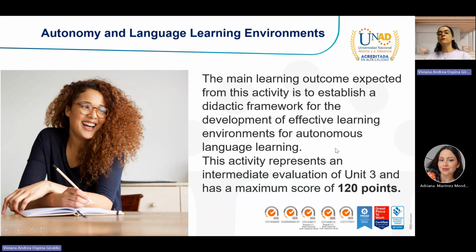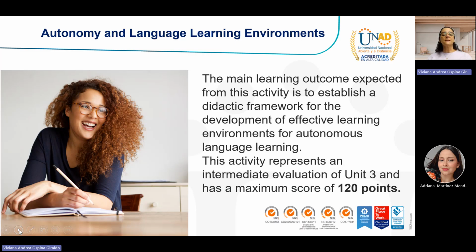Our main purpose with this particular task is to establish a didactic framework for the development of effective learning environments for autonomous language learning. Do remember that this activity represents an intermediate evaluation and is Unit 3 at a maximum score of 120 points.